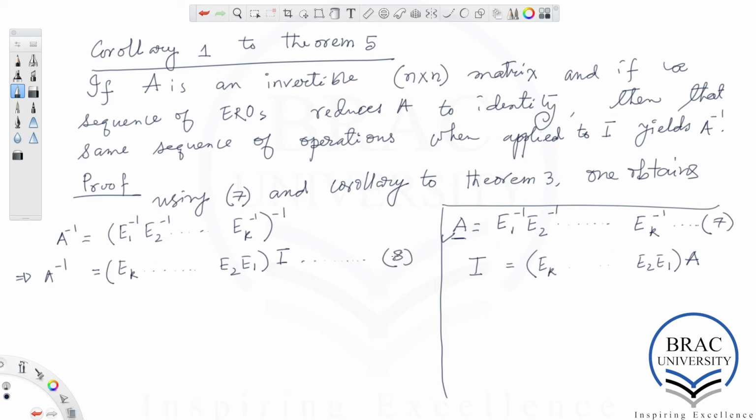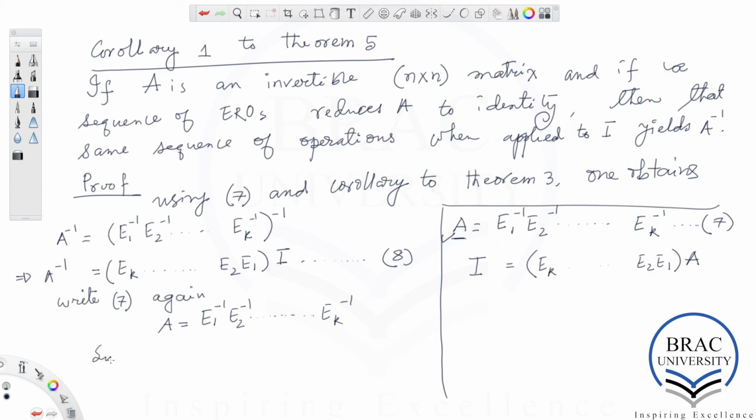This is our equation number 8. Write 7 again, which is A equal to E1 inverse times E2 inverse all the way up to EK inverse, right?